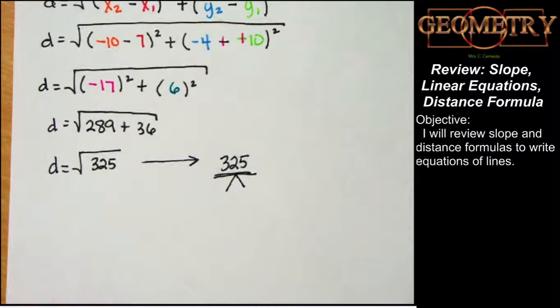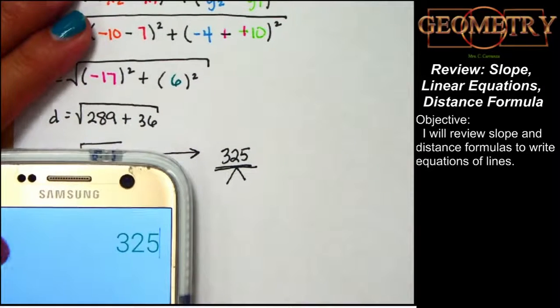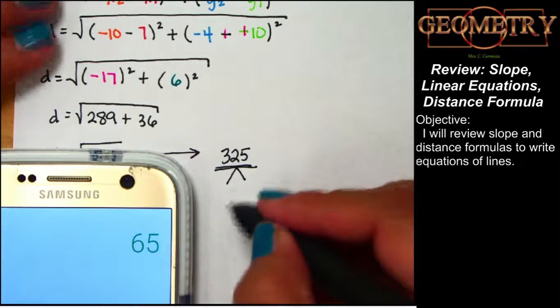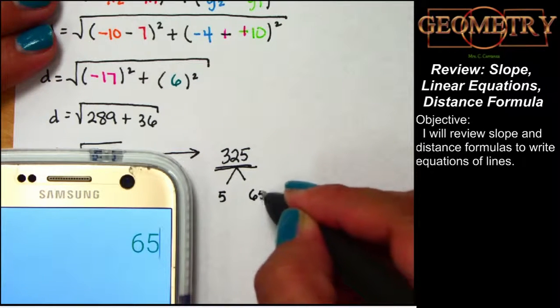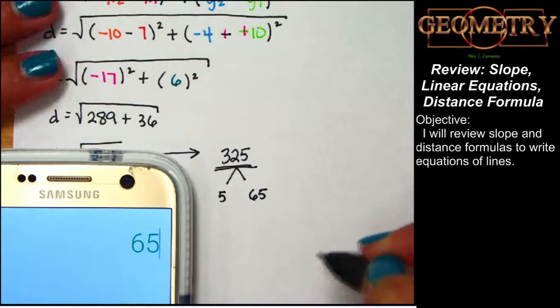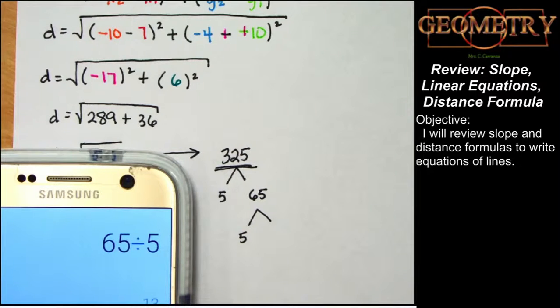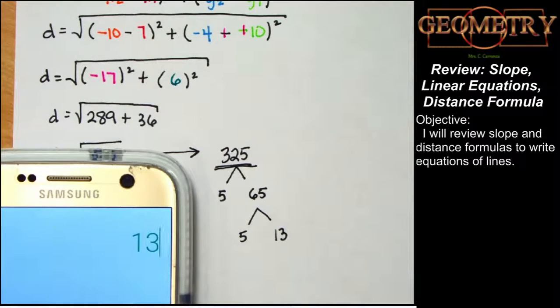I'm going to start by trying to find two factors of 325. Now, looking at the last number is a 5, which tells me automatically it's divisible by 5, and I know 5 is a prime number. So I'm going to start with that and then see what happens. So once I divide 325 by 5, I end up with 65, which again is divisible by 5 because it ends in 5. Okay, 13 doesn't end in 5, and I'm going to think, is 13 divisible by anything else?